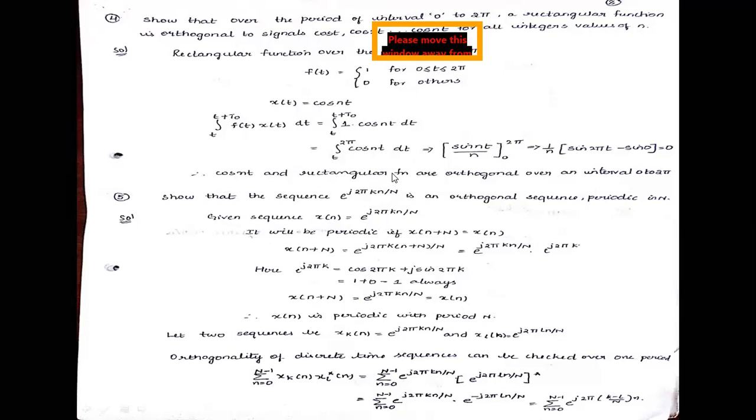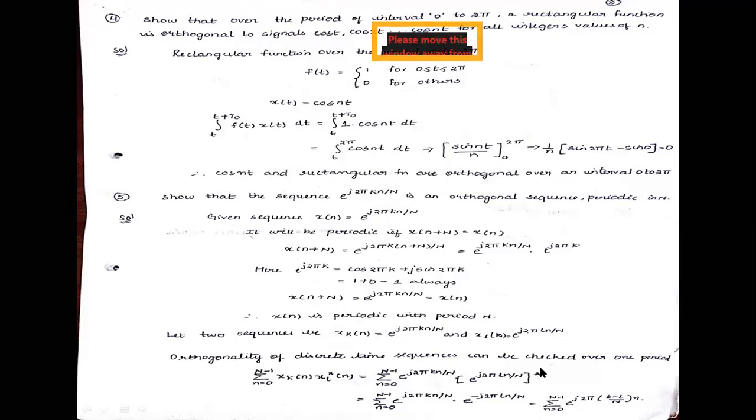So one sequence is x_k of n, another sequence is x_l of n, and I take the star as a complex conjugate. Sum of n equal to 0 to N minus 1 of e power j 2 pi k n by N, and the second sequence is e power j 2 pi l n by N whole star.